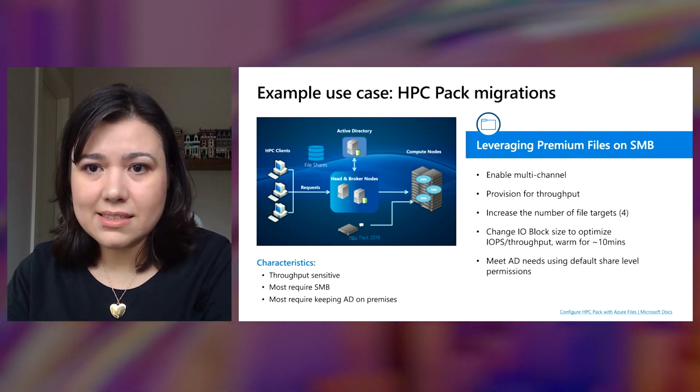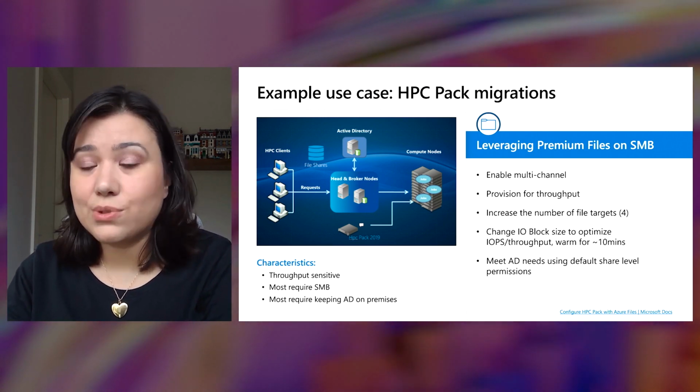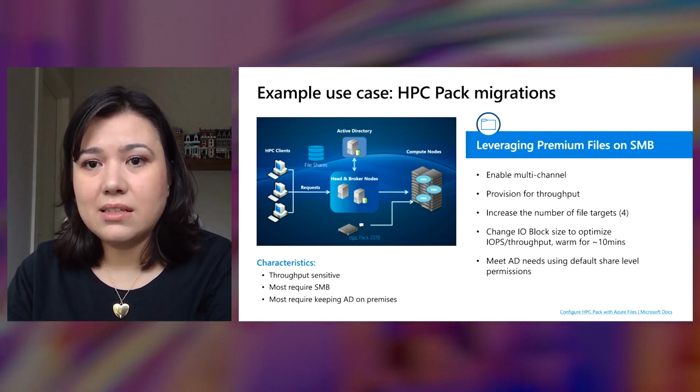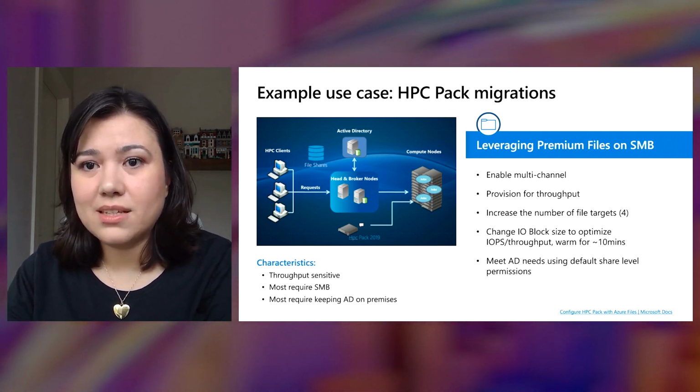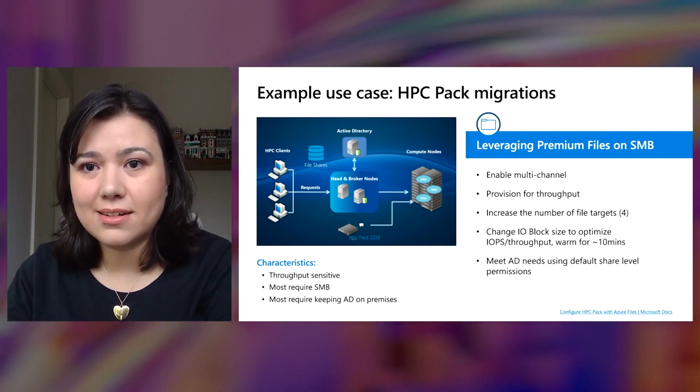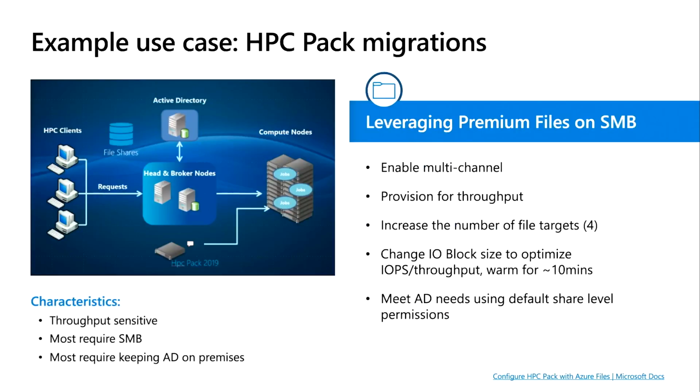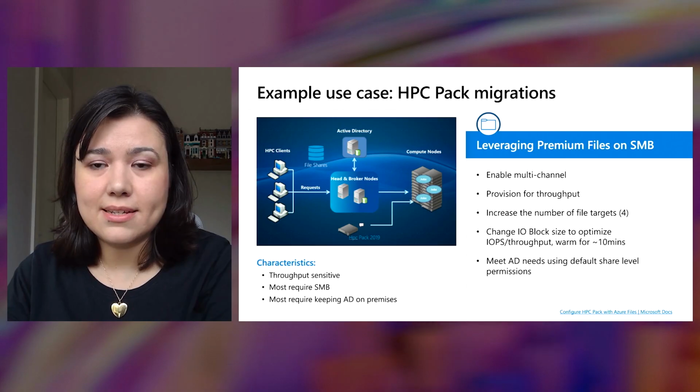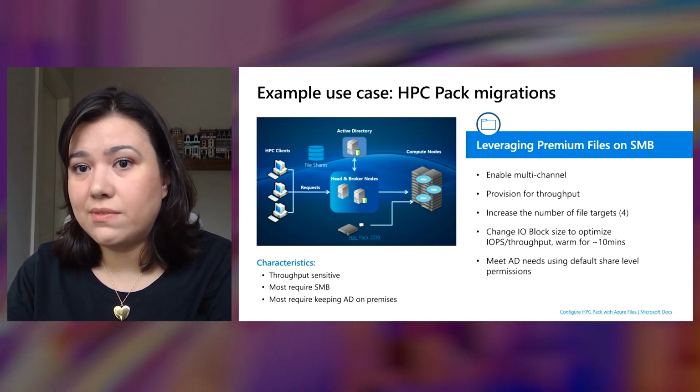The characteristics of this workload are that it is throughput sensitive and may sometimes require keeping AD on premises. What this means is that customers may not sync their AD to Azure AD or Azure AD DS, in which case, what do they do and how do they take advantage of file shares?